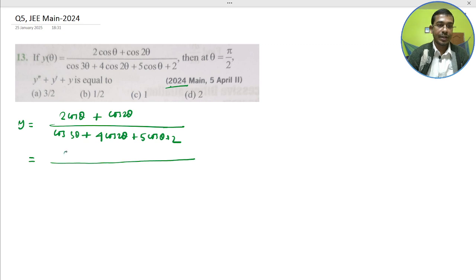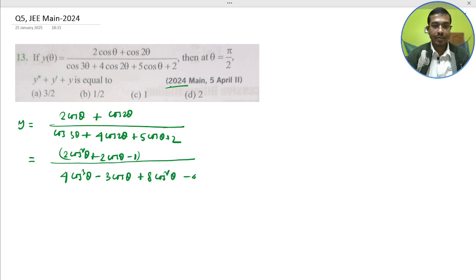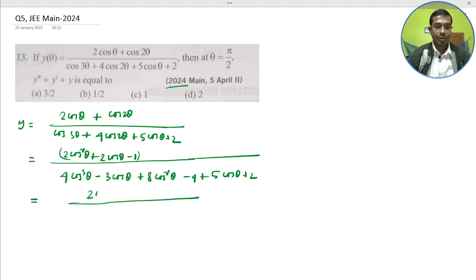So cos 2 theta is 2 cos square theta minus 1 plus 2 cos theta minus 1, and the denominator 4 cos cube theta minus 3 cos theta plus, as it is, 8 cos square theta minus 4 plus 5 cos theta plus 2. Solve this.